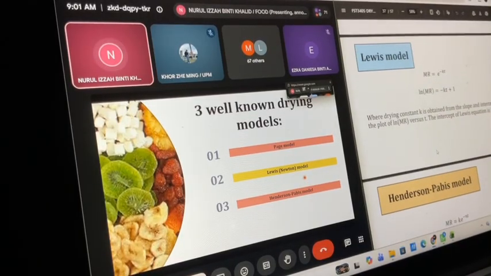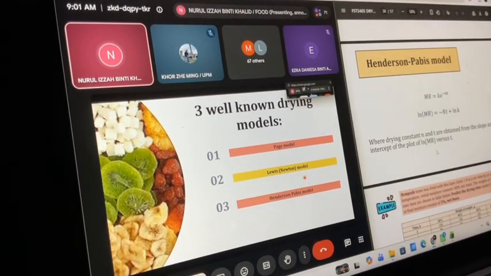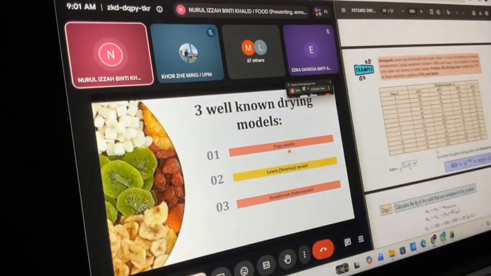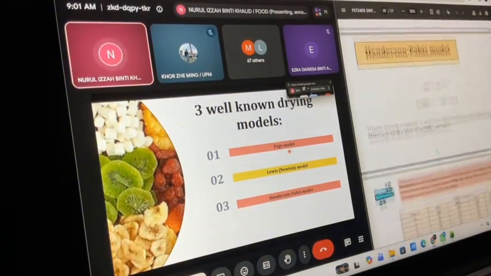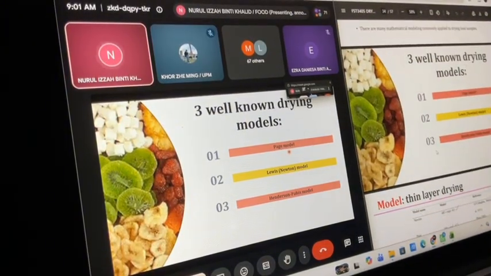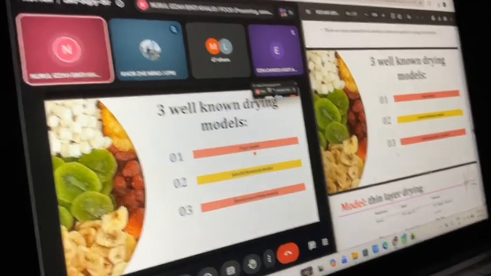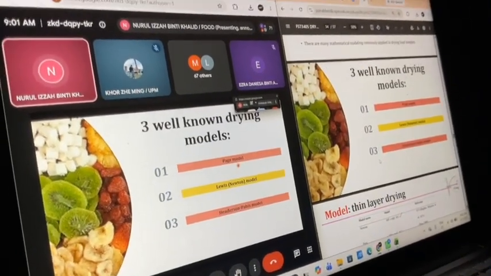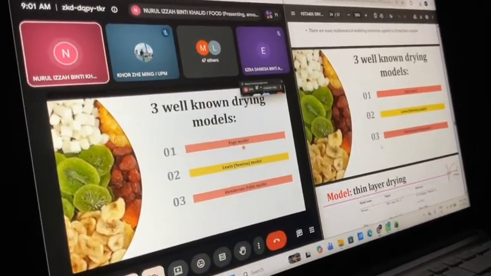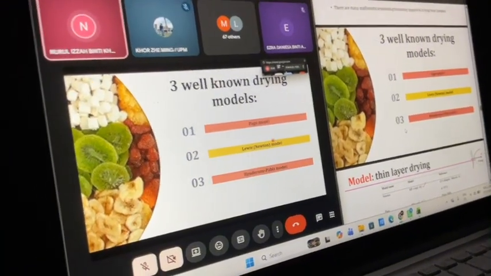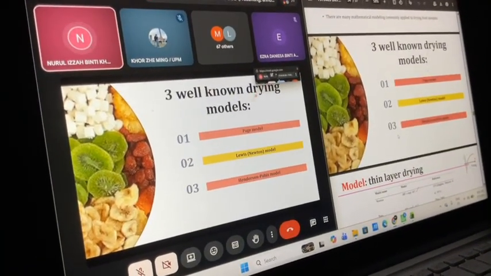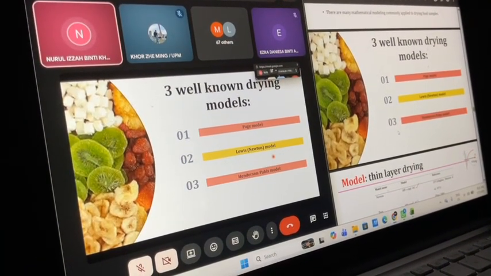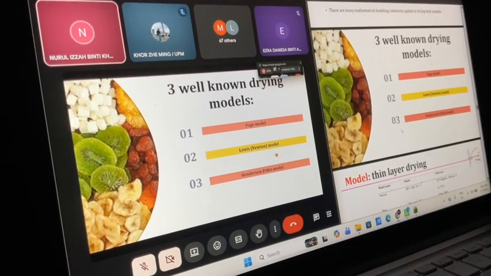So that is actually the Lewis model. And if you talk about the Page model, usually it is a combination of constant rate with falling rate. So that is the mechanism, trying to show you how the process happens. This is not just a model to represent drying, but the most used model for drying purposes.